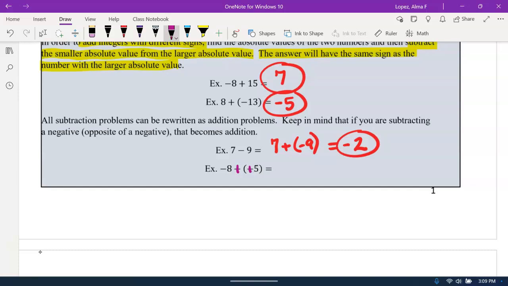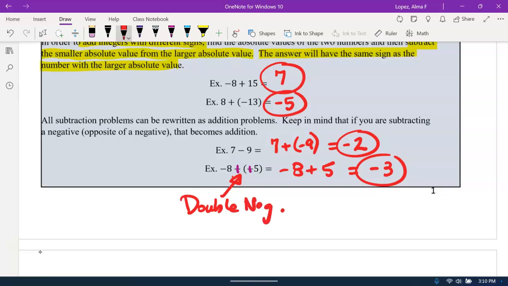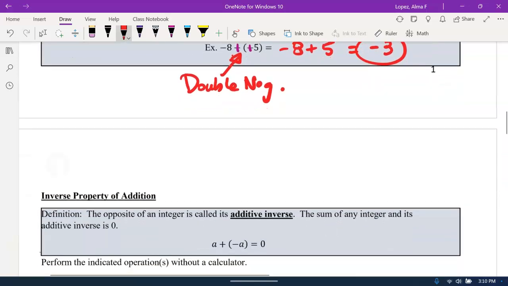That actually is called a double negative. And now you can rewrite that as negative 8 plus 5. Negative 8 plus 5, two different signed numbers, so you're going to subtract and keep the sign of the larger. But yes, that double negative there, and actually let's call it that. It's when you have two negatives that are separated by a parentheses like that, when you're adding different signed numbers.